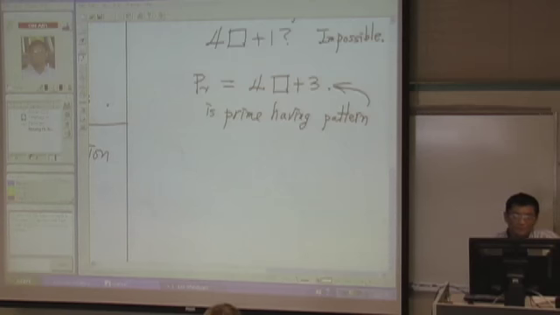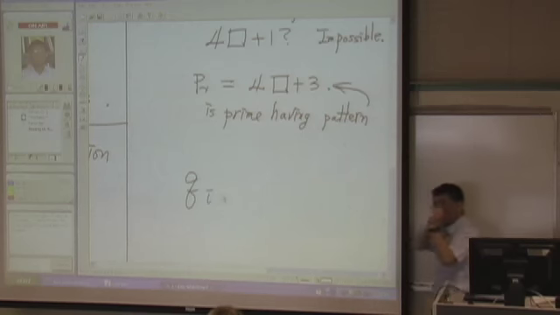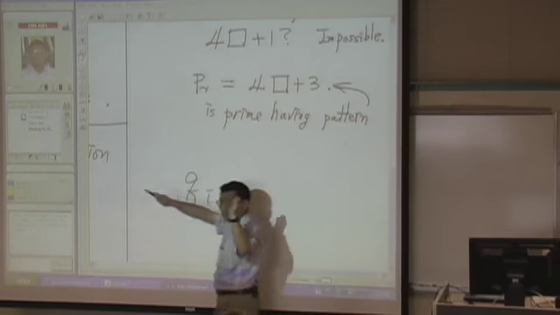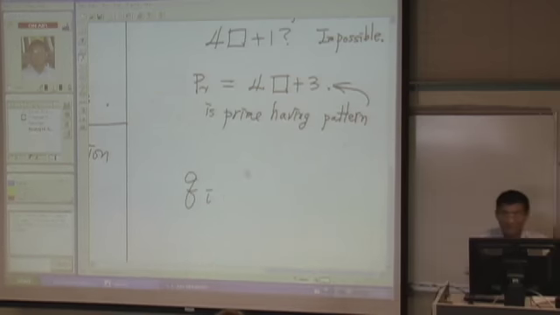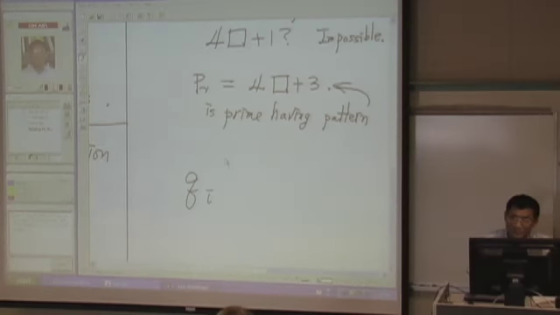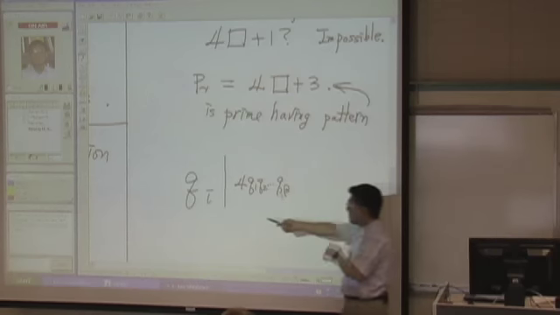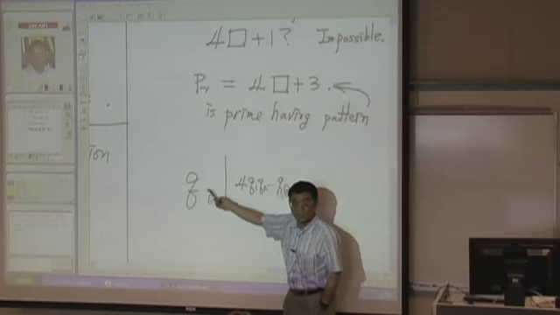Q sub I, varying from 1 through beta, divides Q1 multiplied by Q2, all the way through Q beta. Do you follow me? Because some Qi exists here, so it automatically divides.